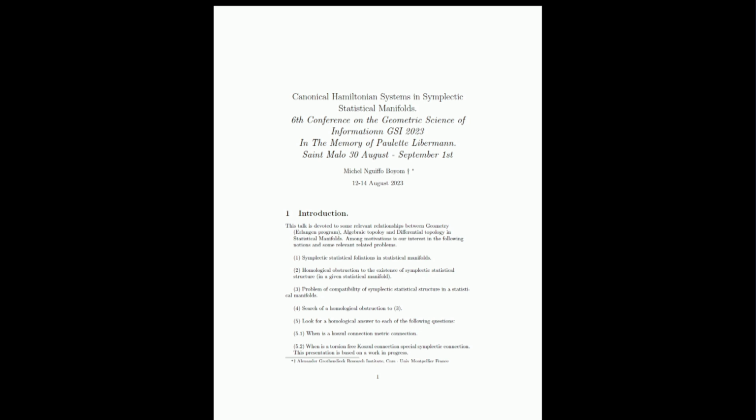Okay. So, this is the other tool, the symplectic structure, the cohomological structure. I said that we work with the algebraic topology, that means with cohomological classes. Okay. What are the cohomological classes I'm interested in?